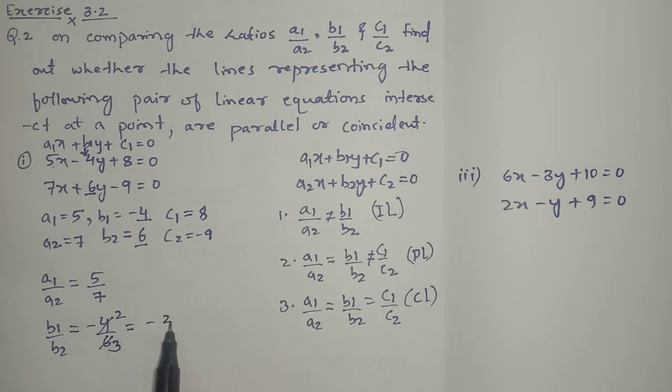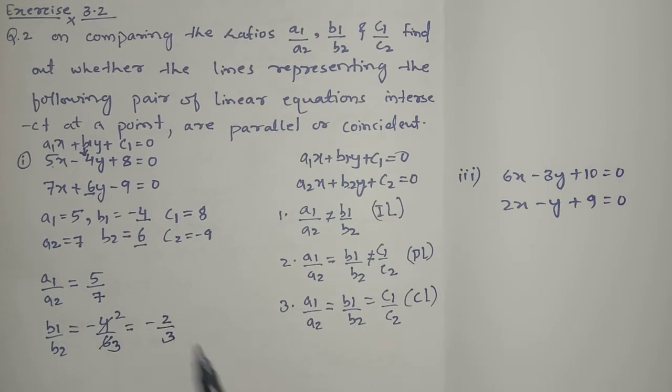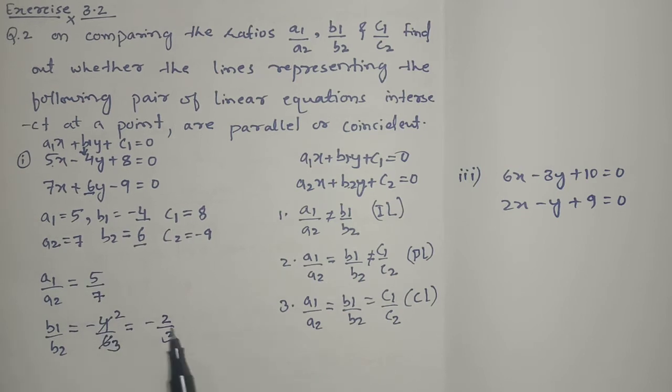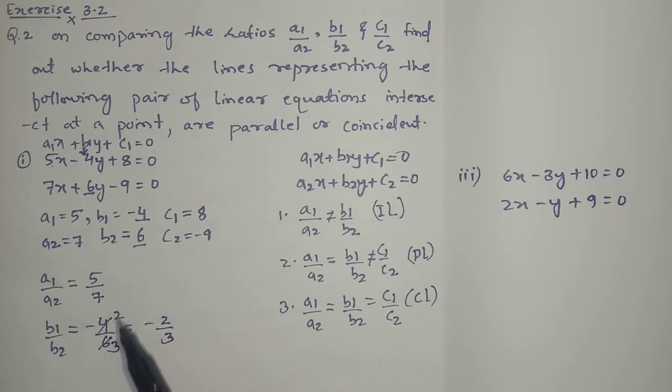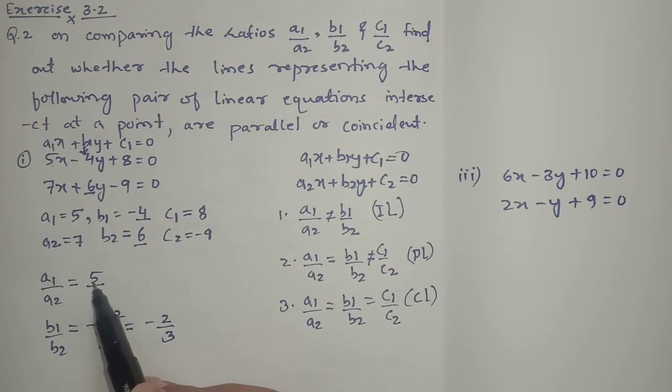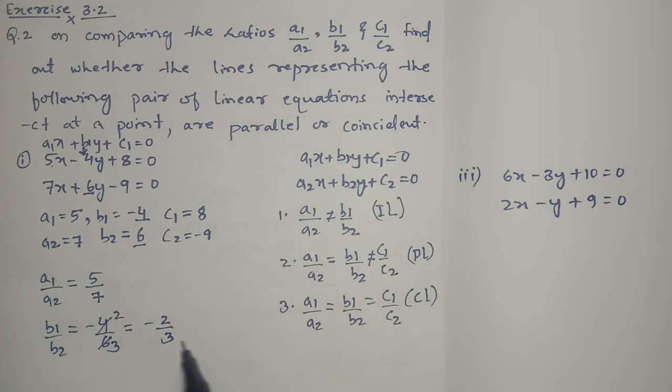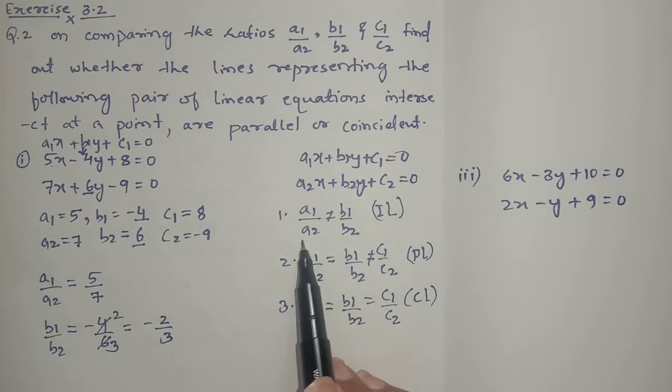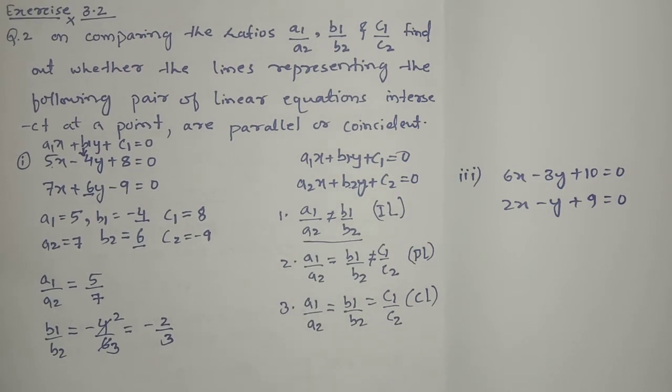Answer is minus 2 by 3. Here only I can decide whether it is intersecting, parallel or coincident. We got a1 by a2 as 5 by 7, b1 by b2 as minus 2 by 3. Are they equal? No, they are not equal. It means they are intersecting lines.